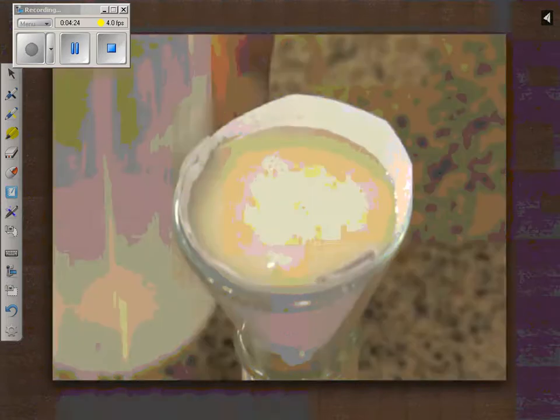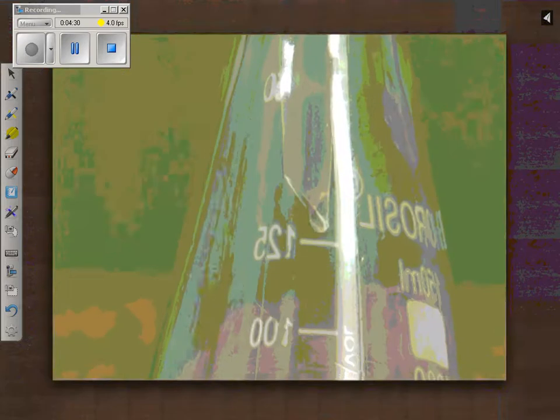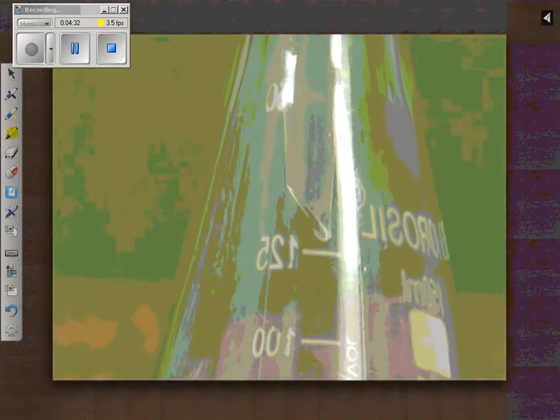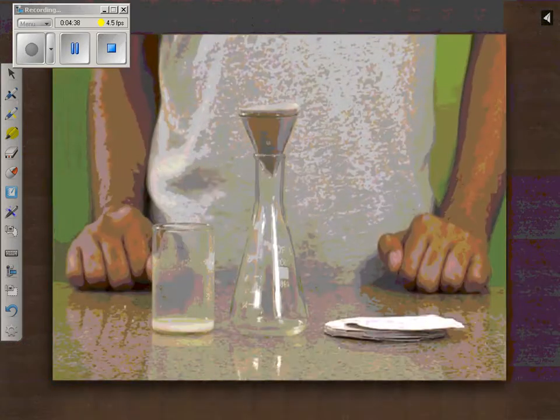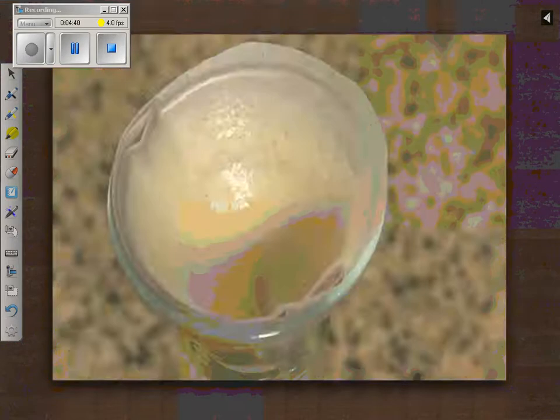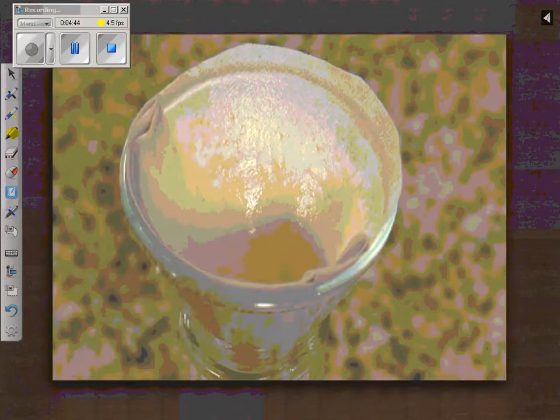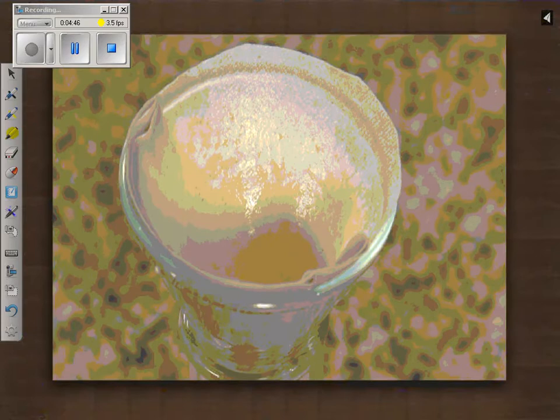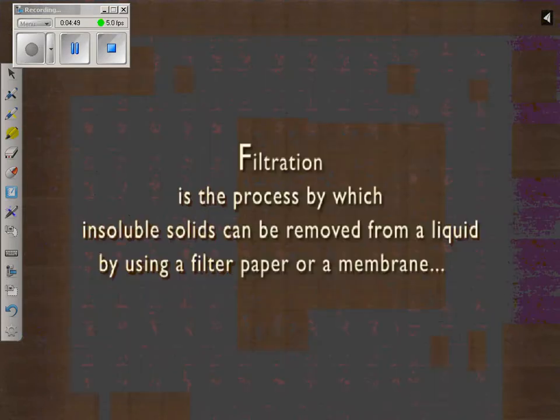Wait and observe. Look. Clear water passes through the filter paper and gets collected in the conical flask. The wheat flour particles cannot pass through the filter paper and remain on the filter. This is because the pores of the filter paper are smaller than the particles of wheat flour.